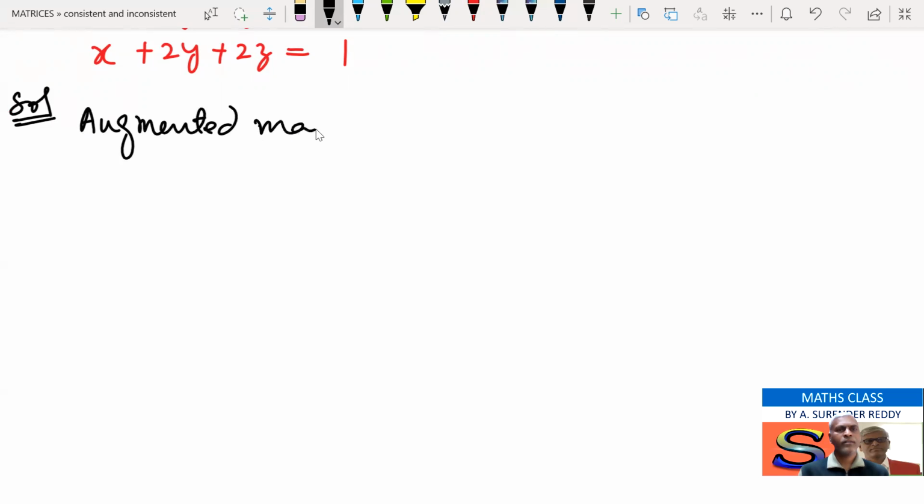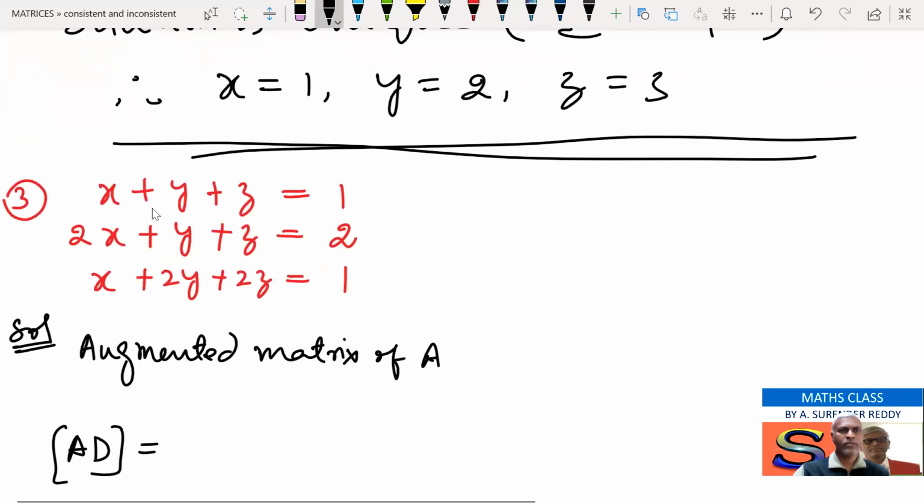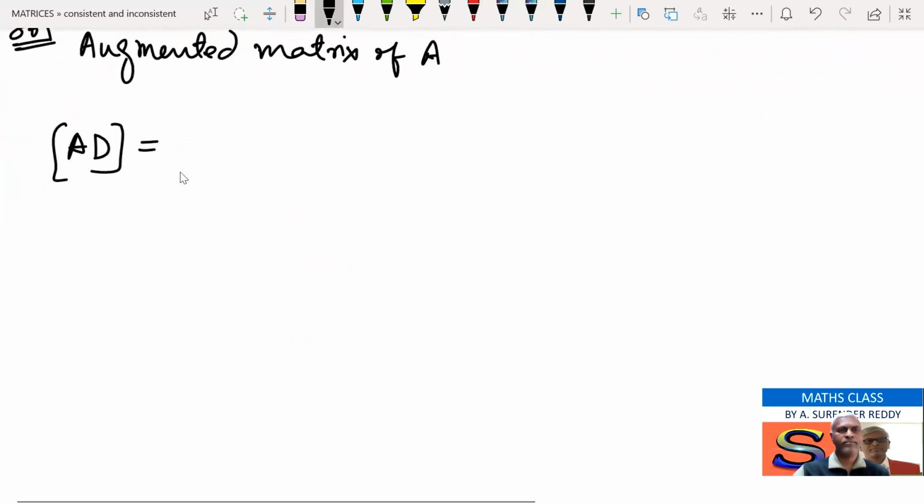Augmented matrix of A, D. So what is the augmented matrix? [1 1 1 1; 2 1 1 2; 1 2 2 1].